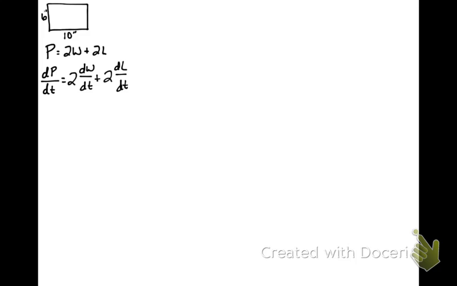Let's talk about the area of this same rectangle. We know the area of this rectangle would be length times width. And if we wanted to express how the area is changing, again we would take the derivative. The derivative of A would be 1 dA/dt, because we're taking the derivative with respect to time.